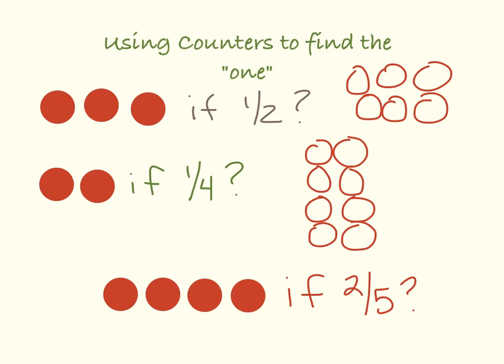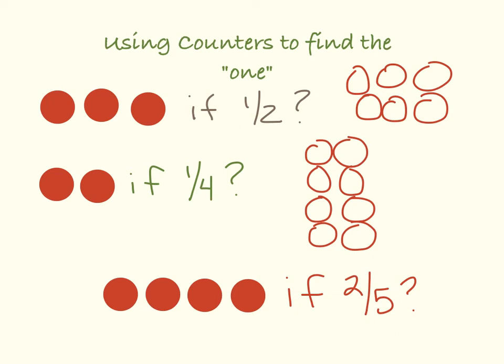If we look at the bottom, we have 4 counters. And let's say that those are 2/5. So how many would be 5/5 or 1 whole? So if we think of it this way, 1/5 would be how many of those?